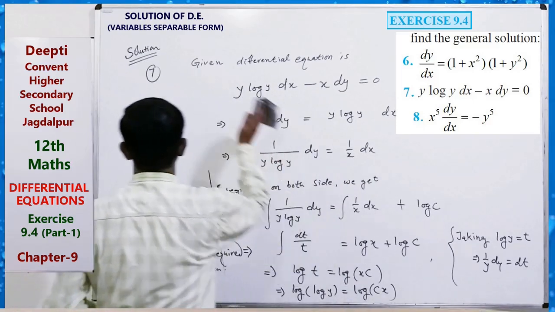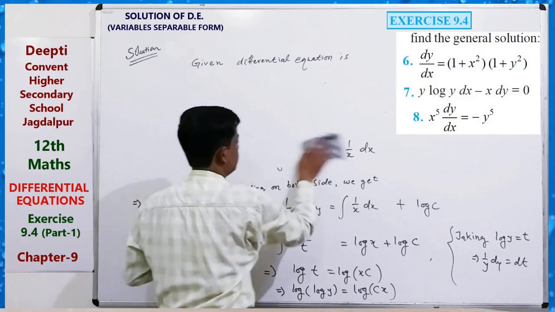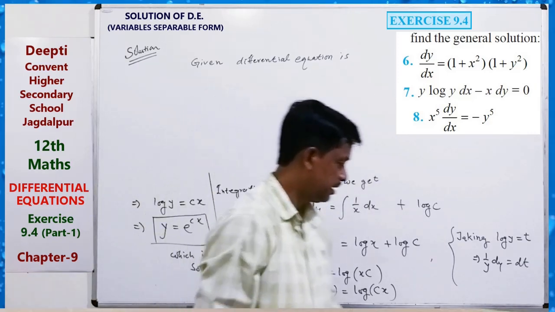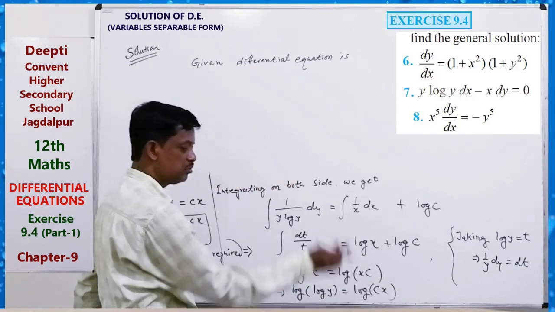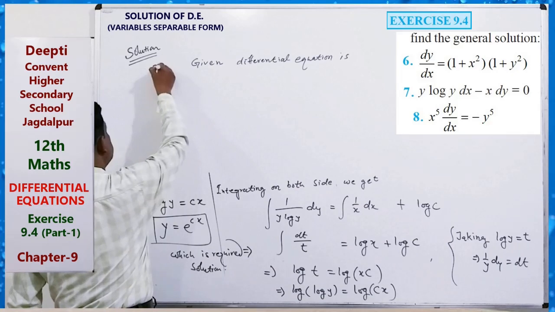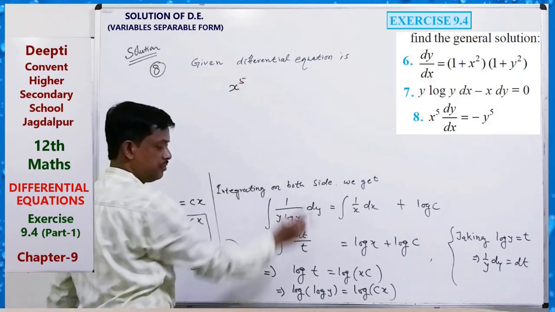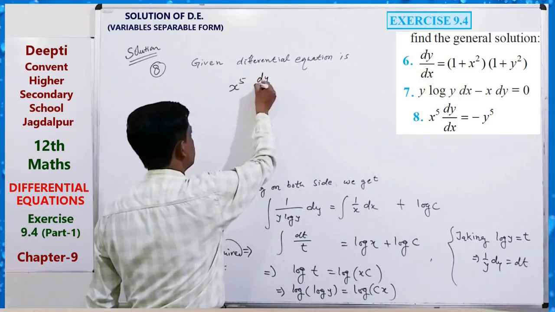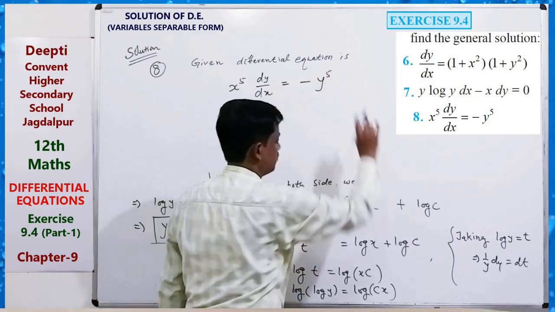Similarly, take question 8. We can solve it very simply. It is x to the power 5 dy by dx equals minus y to the power 5.